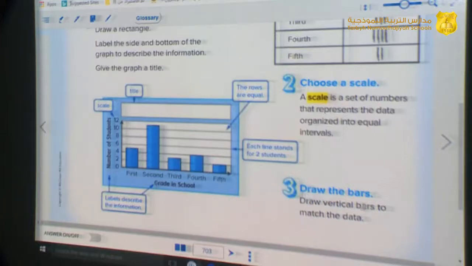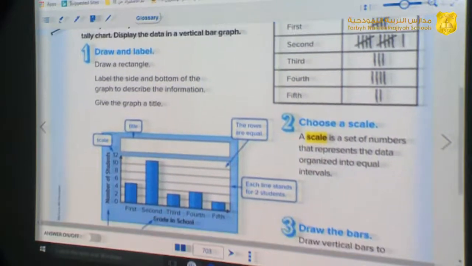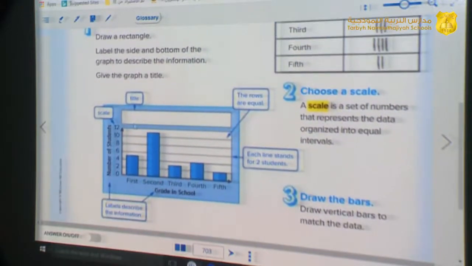Then we draw the bars. How to draw the vertical bars to match the data shown in this tally chart? Look at this graph. We have here the scale, which may be different in another example, and we have labels to show us the information of our example, and we have rows.